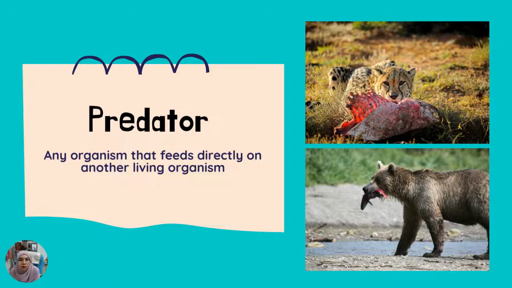Predation is a situation in which an organism of one species captures and feeds on parts or all of an organism of another species. A predator is any organism that feeds directly on another living organism, while prey is an organism that is captured and served as a source of food for a predator.